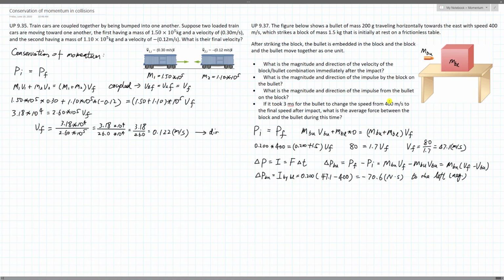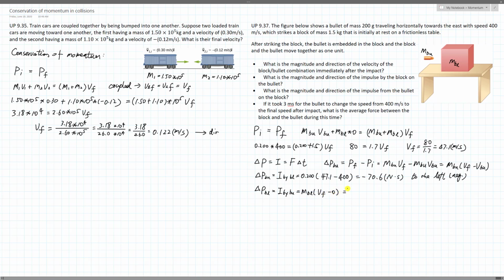So the next question is the magnitude and direction of impulse from bullet to the block. That should be the change of momentum of the block, which is the impulse by the bullet. So that will concern the block's final minus the block's initial momentum. If I just follow the bullet's version, so the block's mass times final velocity minus initial velocity of the block, which was 0.